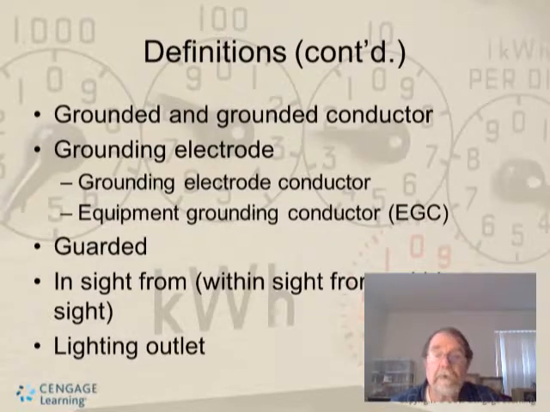That's your 6-foot or 8-foot grounding rod that you put in the ground. And essentially this grounding electrode conductor is the conductor that goes from that rod that you put in the ground up to your service box. Okay, and that's essentially what they're talking about there.